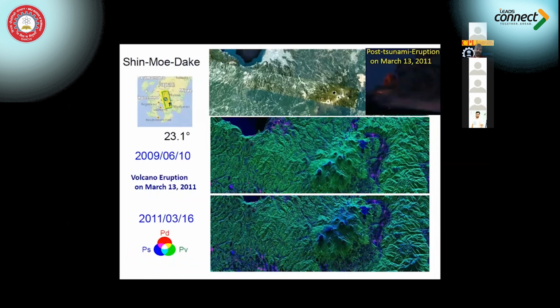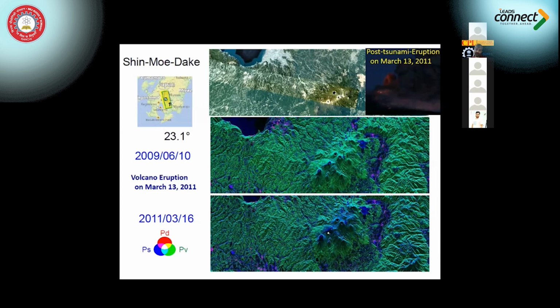Okay, another kind of activity on the Earth surface is volcano eruption. You can see here the before and after of the volcano eruption. Blue color is changing; blue color means surface scattering is increasing here. Here there was a lot of vegetation, but due to sulfur dioxide, the vegetation died due to the deposition of ashes released from the volcano eruptions.